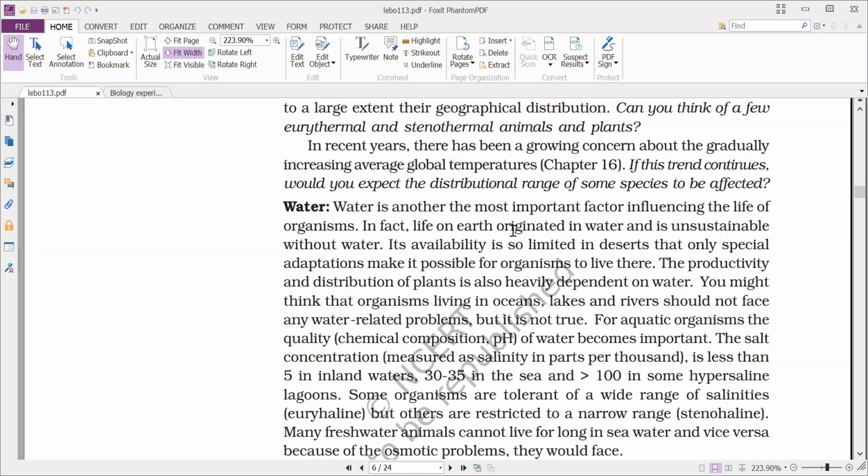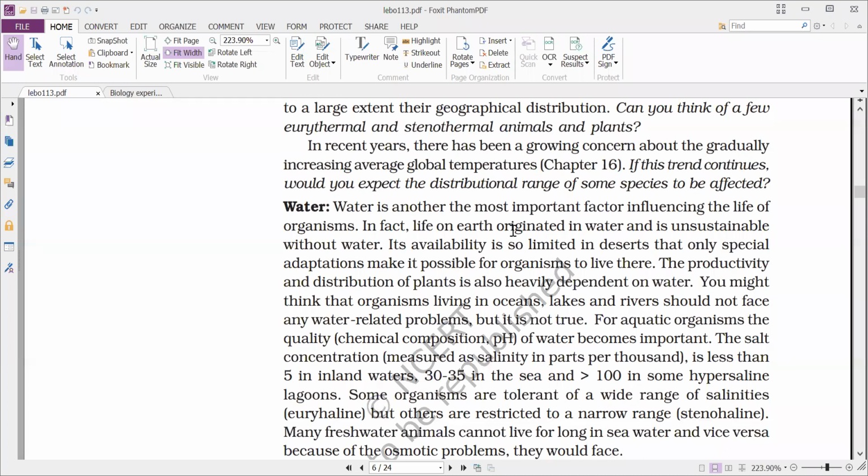What are the causes and the effects of this global warming? We'll discuss that in chapter 16.